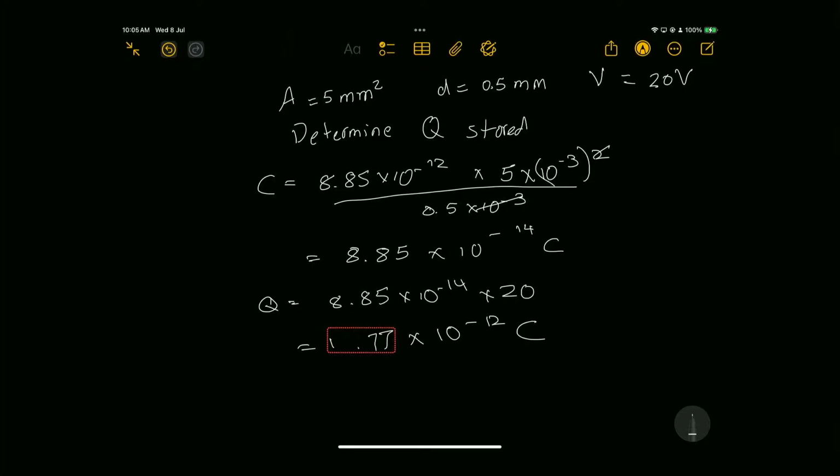Sorry, the unit for capacitance is farads, right?